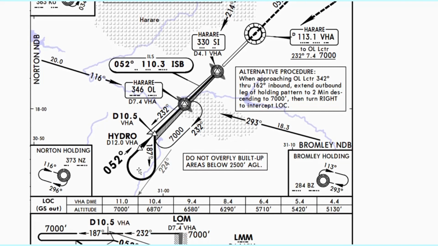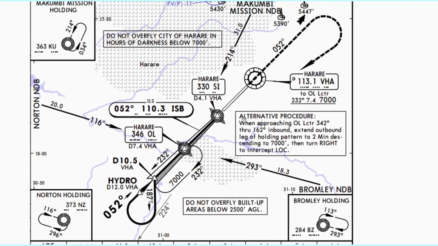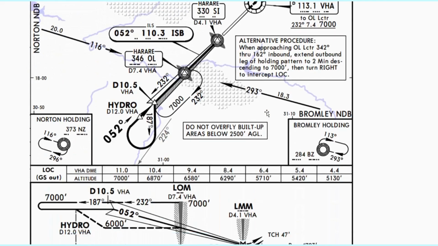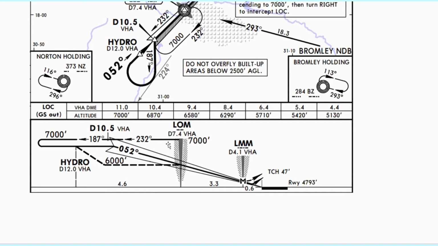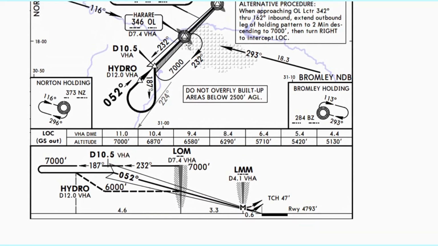Now we always do continuous descent profiles, meaning that we don't want to level off. Even though here it says we can level off at the outer marker, the Oscar Lima, at 7,000, and from 7,000 all the way into this procedure turn until we intercept the glide slope at 7,000 feet, we have to be level.